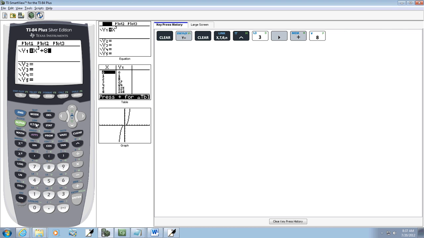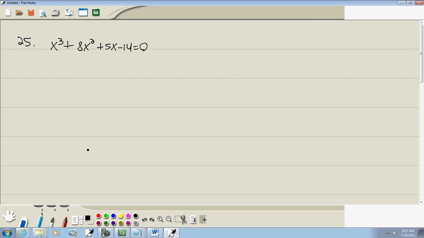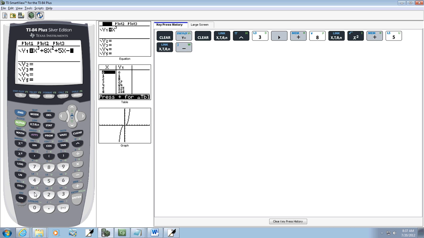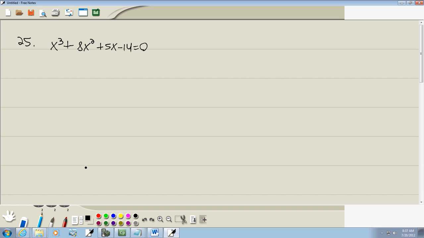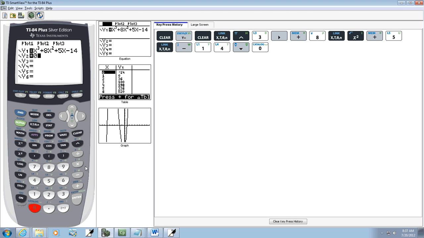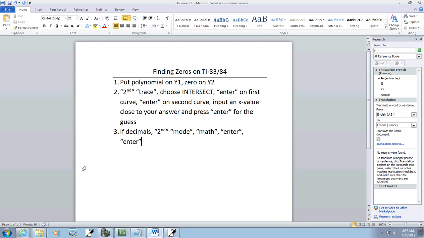Plus 8x squared, plus 5x minus 14. Now again, you type in exactly like this, except after the 3, you don't have to do the right arrow. Now I'm going to do a down arrow to y2, and you have to have a 0 here. Put a 0 on y2, wherever my steps are.